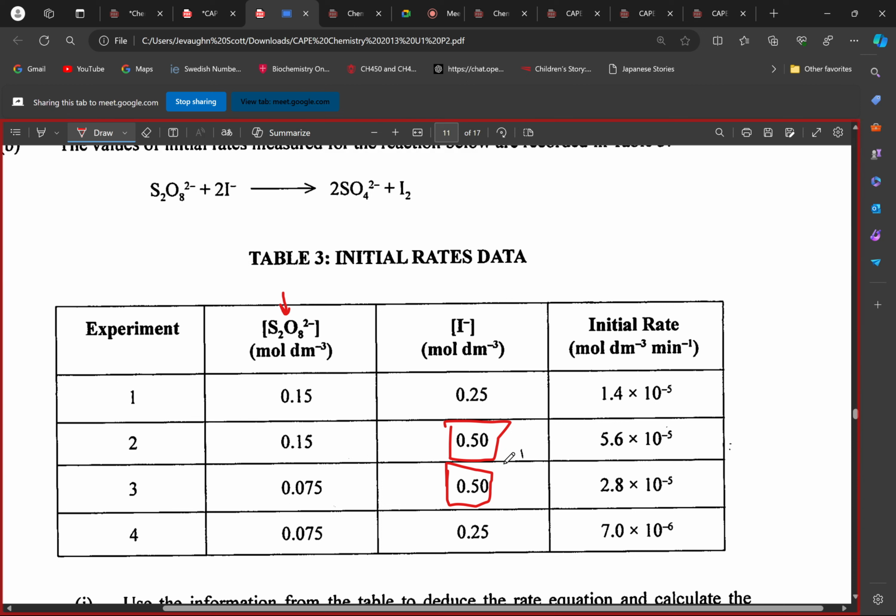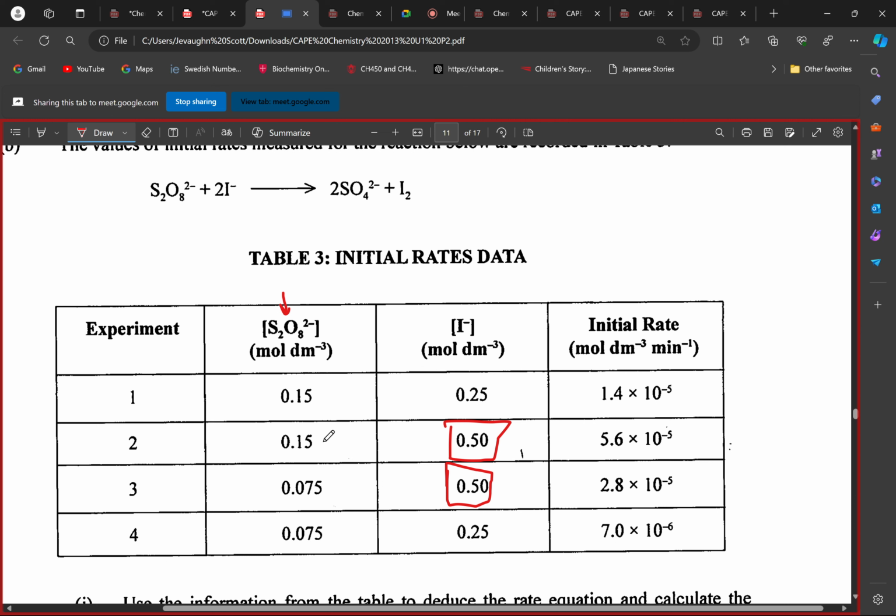So next we would find out if 2 and 3 is multiplying by 2 and the rate is also multiplying by 2, then it will be first order. All right, let's see what you're saying.